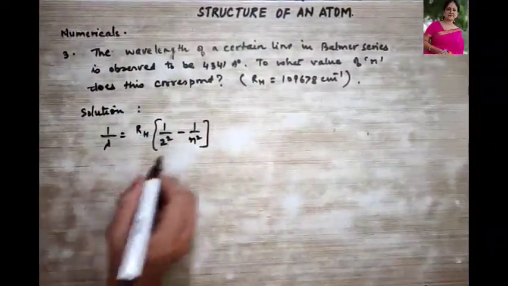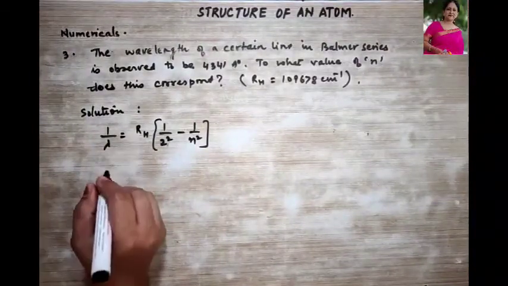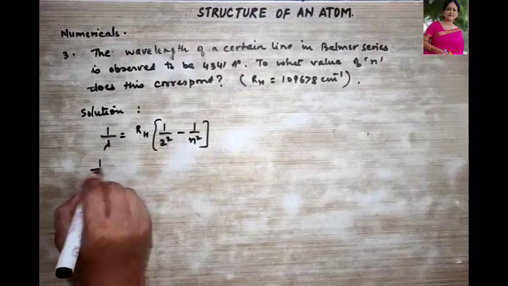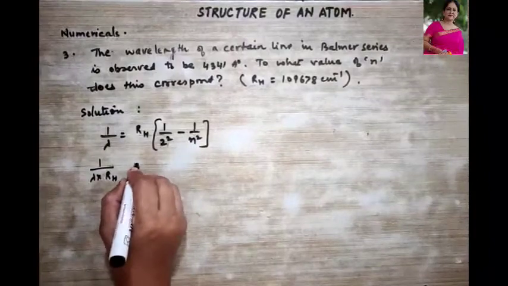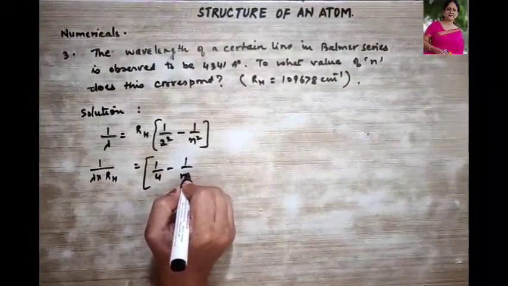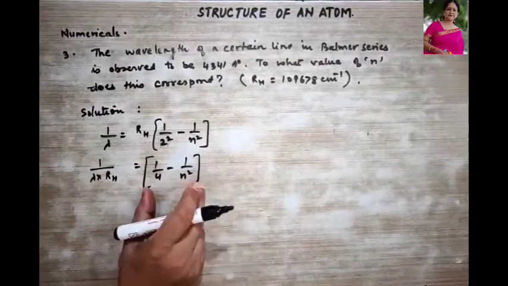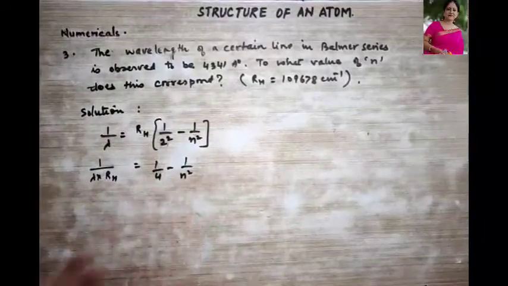Okay, so if you solve this, it becomes what? 1 upon lambda into RH is equal to 1 upon 4 minus 1 upon n square. Okay, when I open the bracket, now, fine.